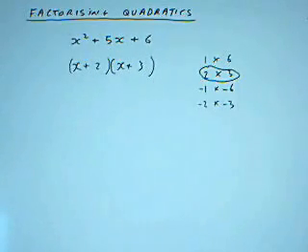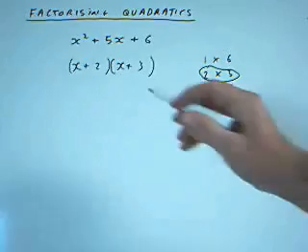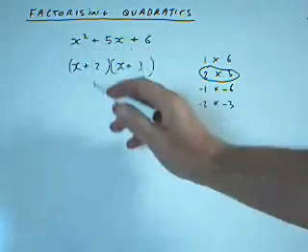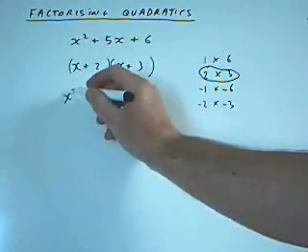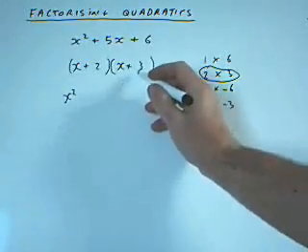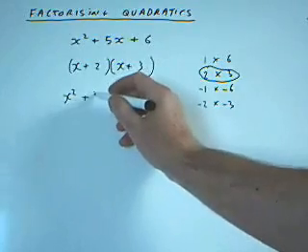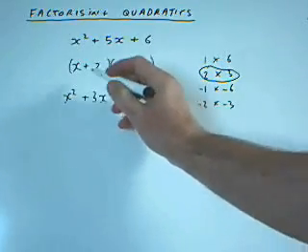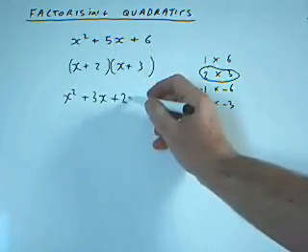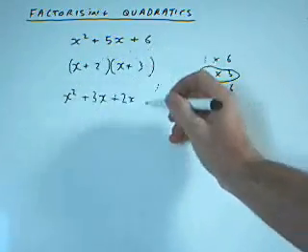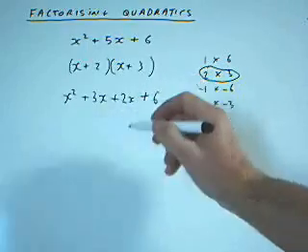And just to prove it is actually factorising it, we could expand this and we should get back to that. So here we go, x times x, x squared, x times 3 plus 3x, 2 times x plus 2x, and 2 times 3 plus 6.